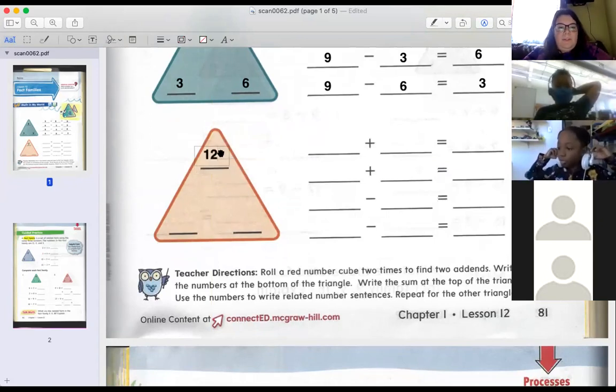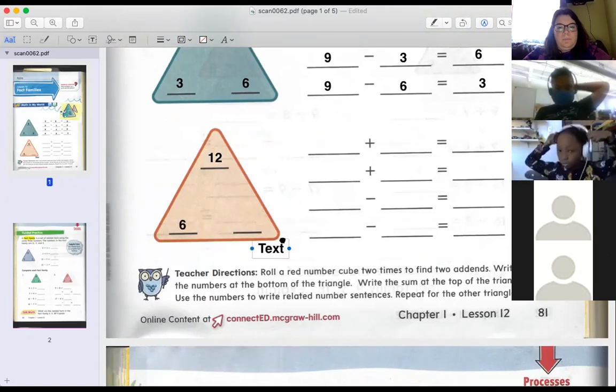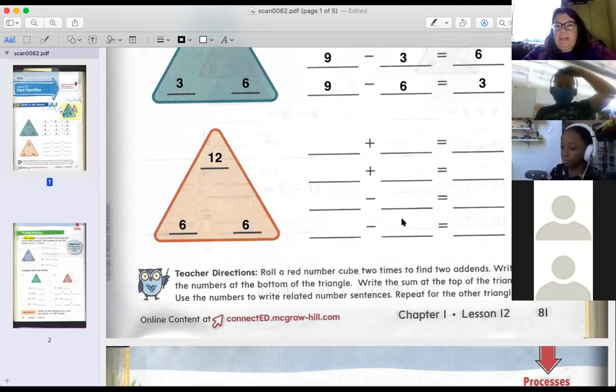You'll have the numbers. Let's say we got 12. Now what if we have 12, 6, and 6? What's an addition sentence I can make?